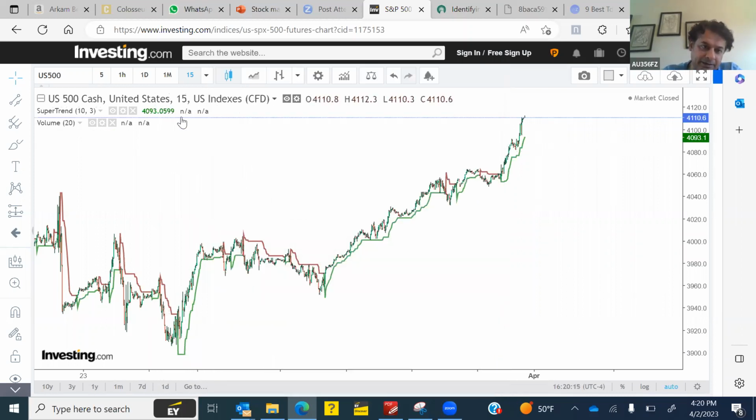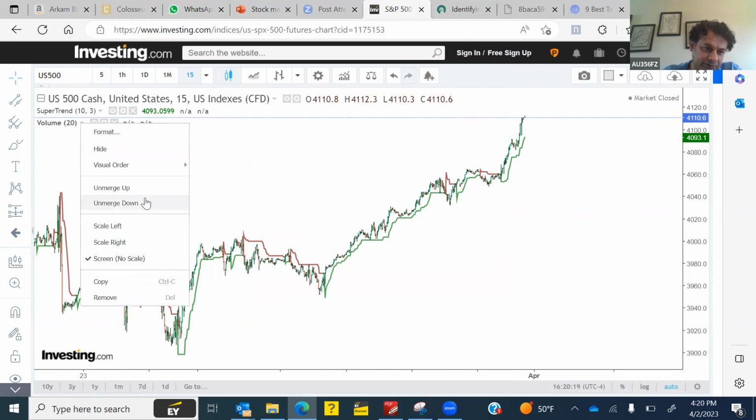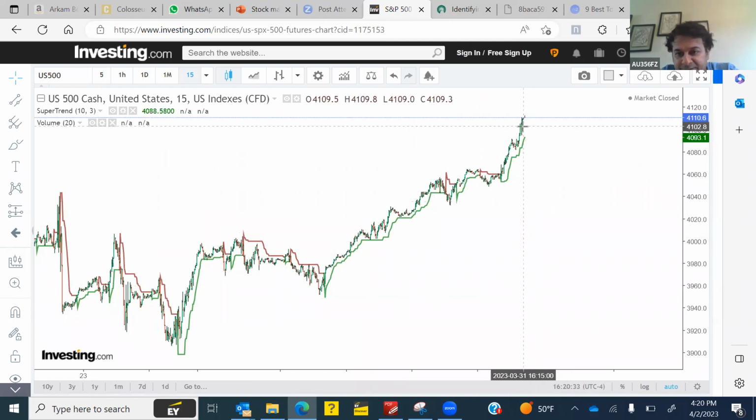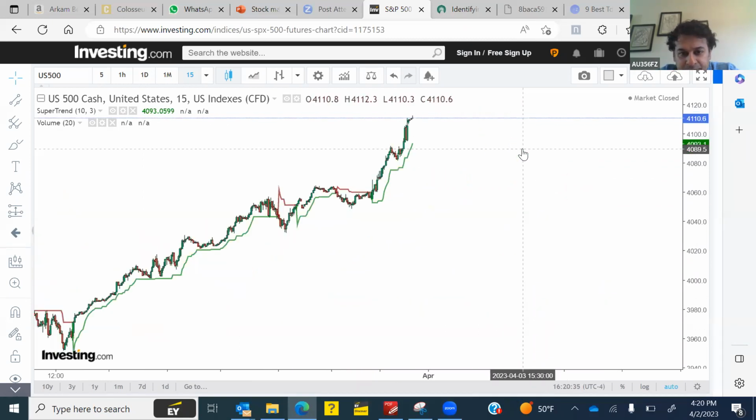And then there are things that you can change with this as well. This is currently showing me volume for the day, but it does not populate. I don't know why, but in most of the softwares you will get volume for sure, and volume is a large indicator again, because if this particular, let's say, let me zoom.